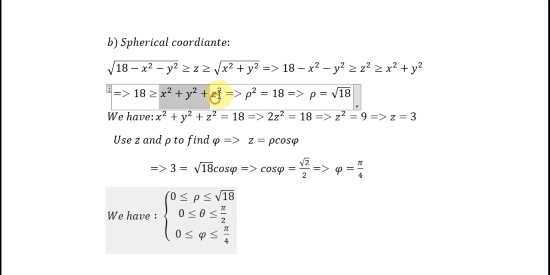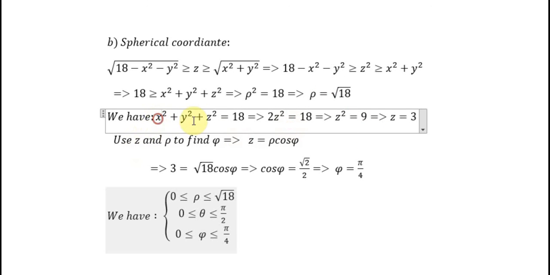If you look carefully, x^2 plus y^2 plus z^2 equals rho^2. So we have rho^2 less than or equal to 18, and taking the square root of both sides, we get the square root of 18.